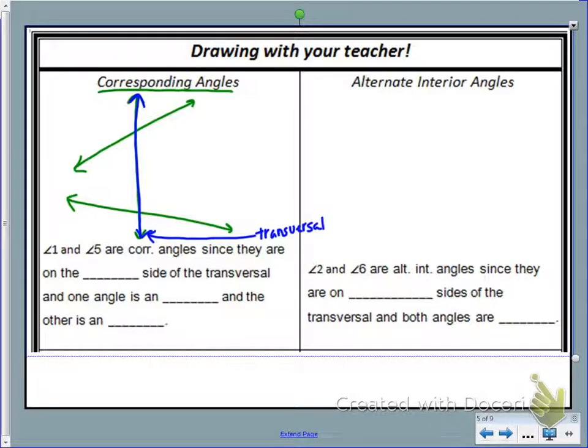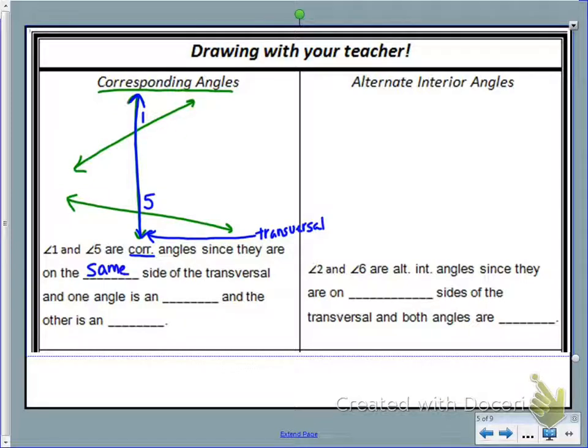That's another very important term today. It says angle 1 and angle 5 are corresponding angles. Please mark angle 1 and angle 5. We don't know their measure, so we're just using that as a way to name the angle. We know that these are corresponding angles. This is the abbreviation for corresponding, since they are on the same side of the transversal.